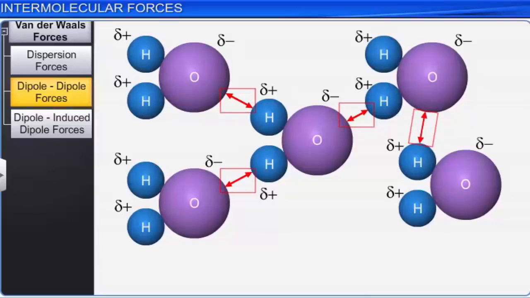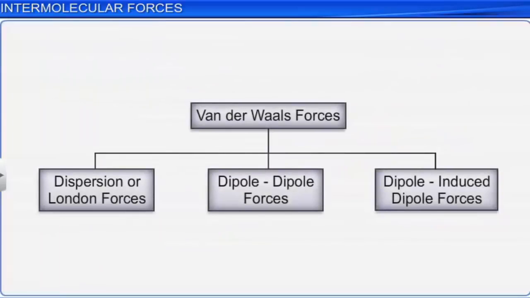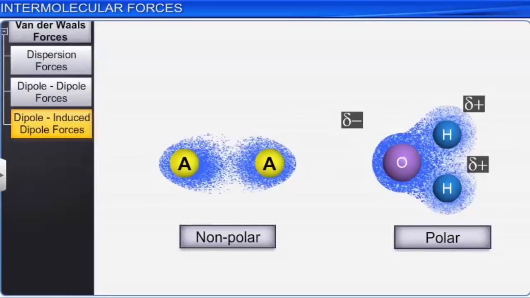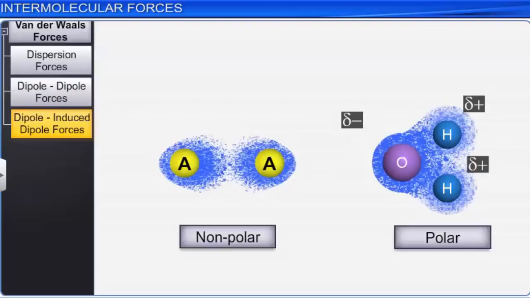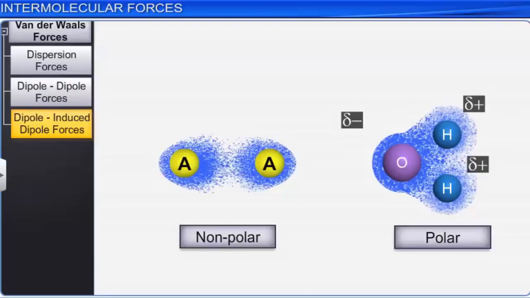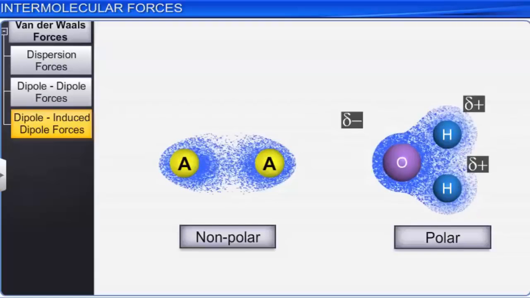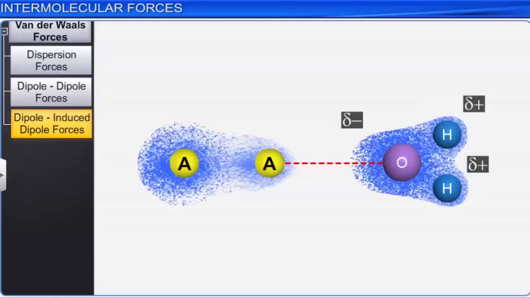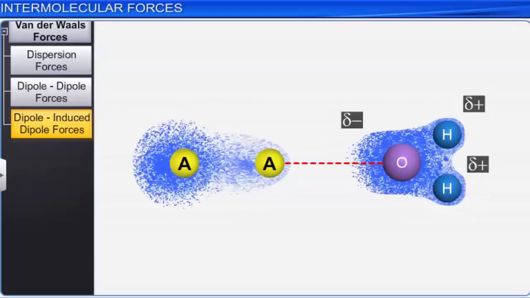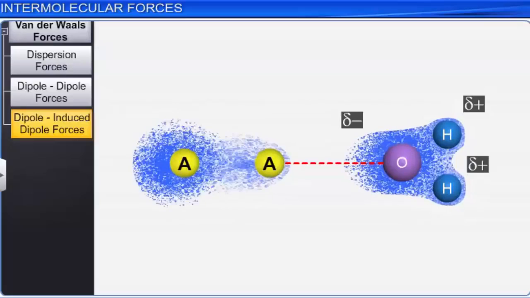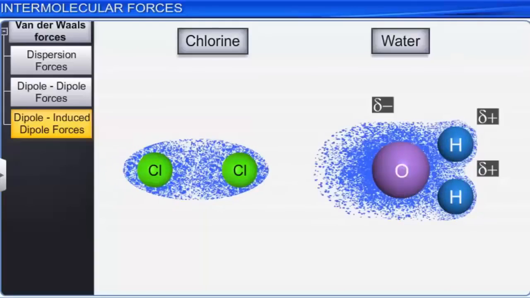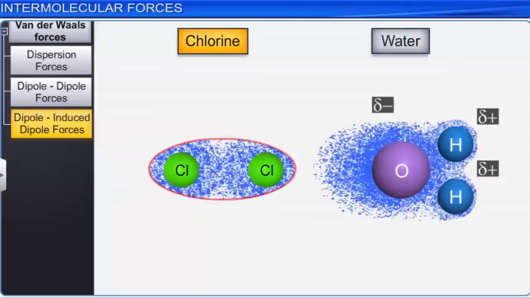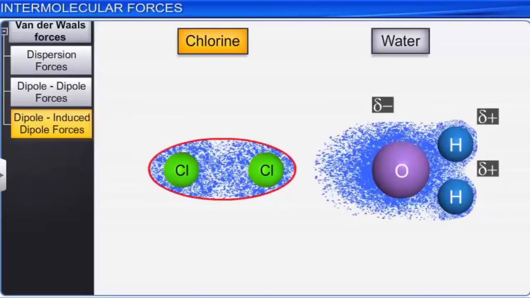The third type of forces are dipole-induced dipole forces. These attractive forces operate when a polar molecule with permanent dipole induces a dipole in a non-polar atom or molecule by deforming its electron cloud. Consider the non-polar chlorine molecule brought in the vicinity of a polar molecule, such as water.